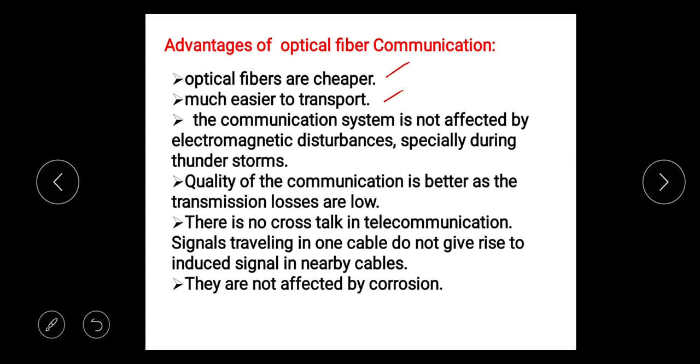The communication system is not affected by electromagnetic disturbances, especially during thunderstorms. Quality of communication is better as the transmission losses are low. There is no crosstalk in telecommunication. Signals traveling in one cable do not give rise to induced signals in nearby cables. They are not affected by corrosion.